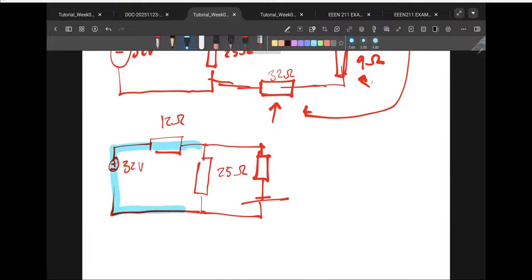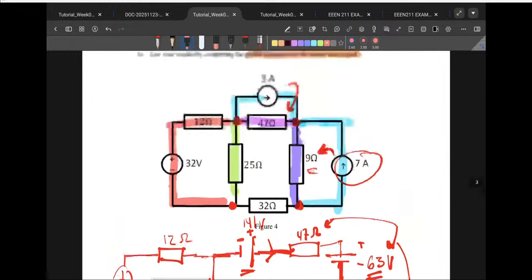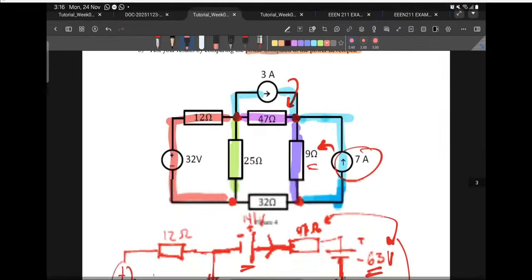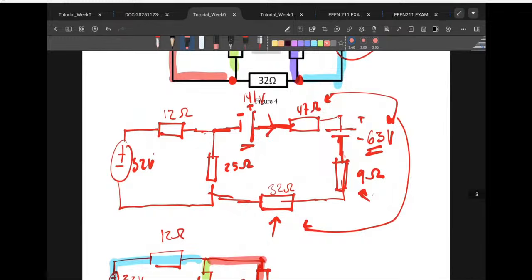You can talk about this one. So anyway, now we are doing nodal analysis where we actually have values. Okay. Let's see here. All this is now just about application.